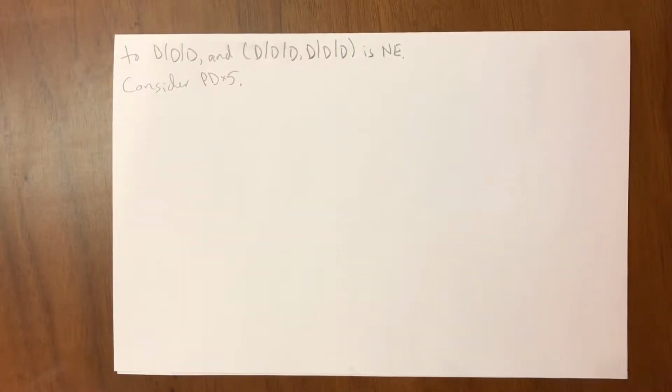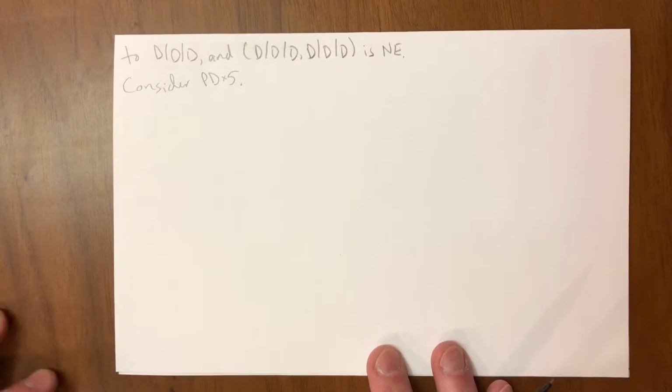Okay, so if we play Prisoner's Dilemma 5 times, first of all, I should point out that a strategy now is very long. A strategy will say what J should do in period 1, and then what J should do in period 2, depending on each of the things that K has done.